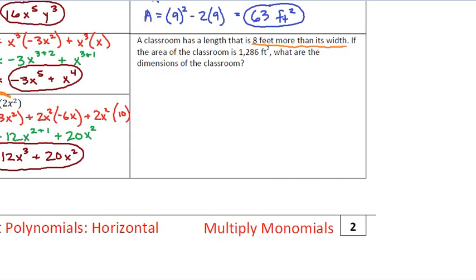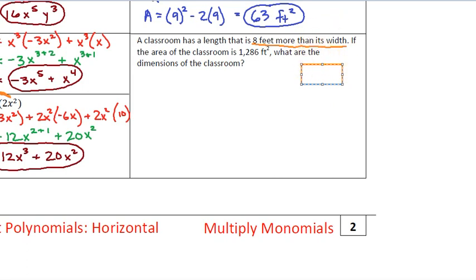They want to know the actual length and width, not just the expressions for the length and width. So let's go ahead and make our diagram. We're going to go ahead and pretend we're drawing a rectangular classroom.